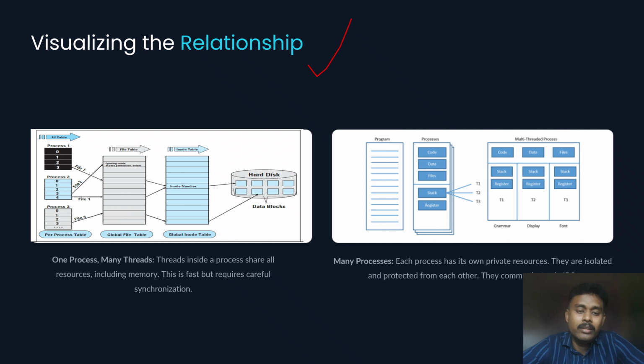If not, the concurrent execution of the code will not be able to produce the defined output. It is not meaningful. In the case of a process, it will have its own resources. That is, we call it an isolated one, and it is protected from each other. Each and every process will have its own set of resources, so they are protected from other processes.